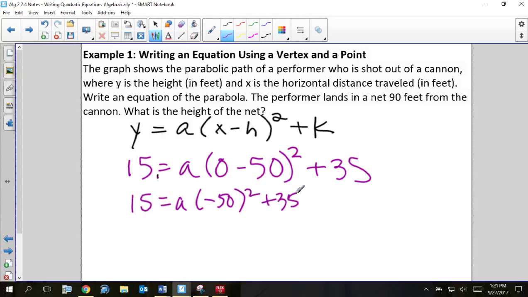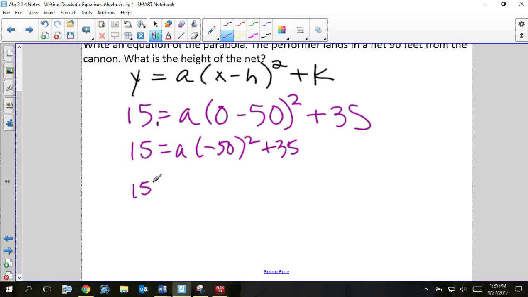What do I do next? Square the negative 50. Do not square the a. You only square the negative 50. 15 equals a times, what is that? 2,500. Yeah.